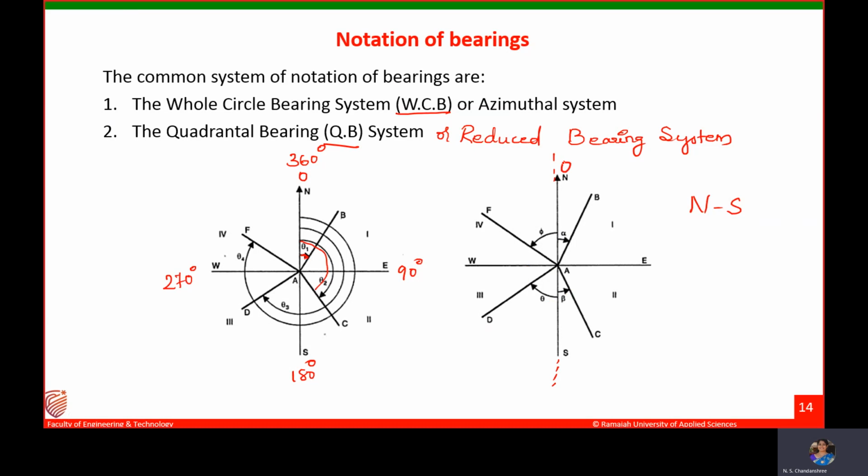So the 0 is marked here, 90 degrees is marked here, again 0 is marked here, and 90 degrees is marked here. So we represent it in terms of north alpha degrees east, or south beta degrees east, or this one we can represent as south theta degrees west, and this is north 5 degrees west, but we never write west 5 degrees north.